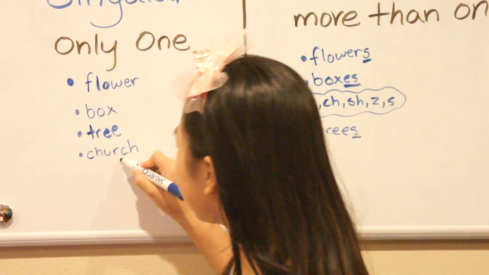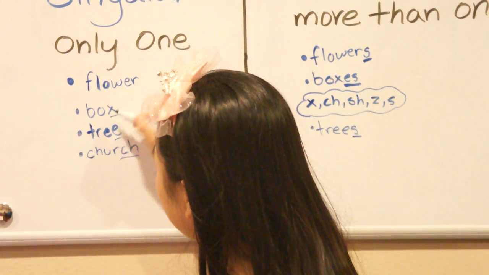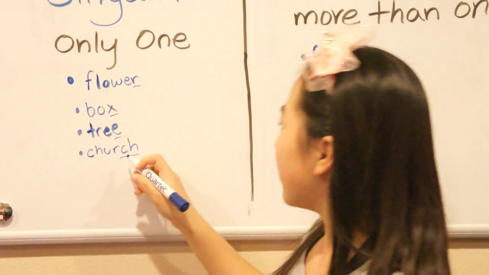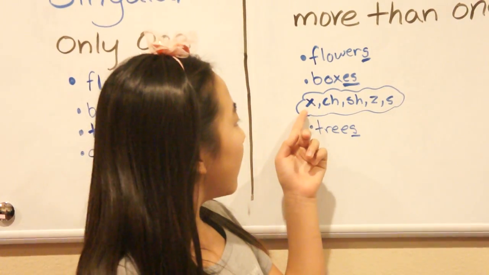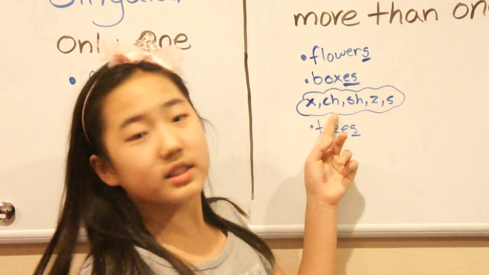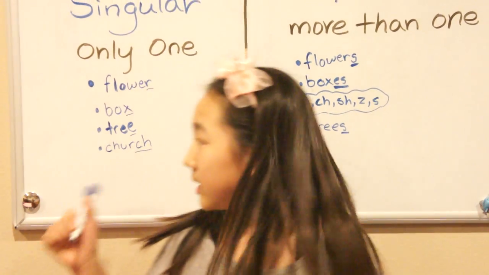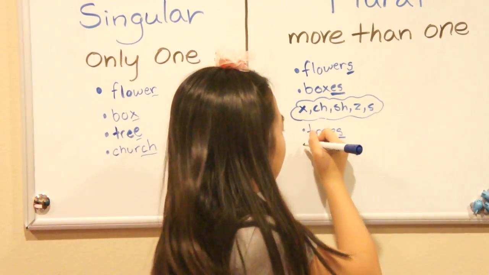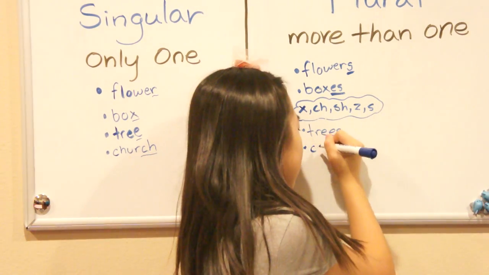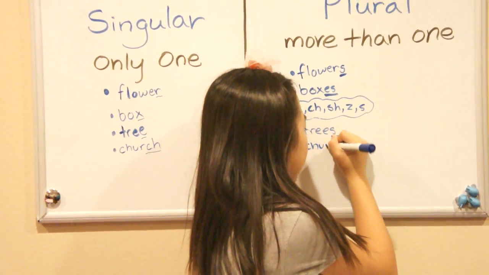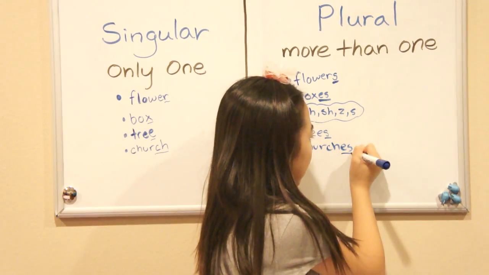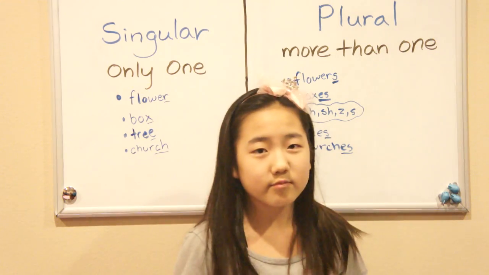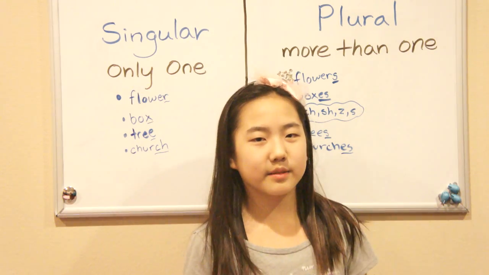Church ends in CH. Let's see if that's on our list. X. Oh look, there's CH. So since it's CH, we have to add ES. So ES. That's pretty simple, isn't it?